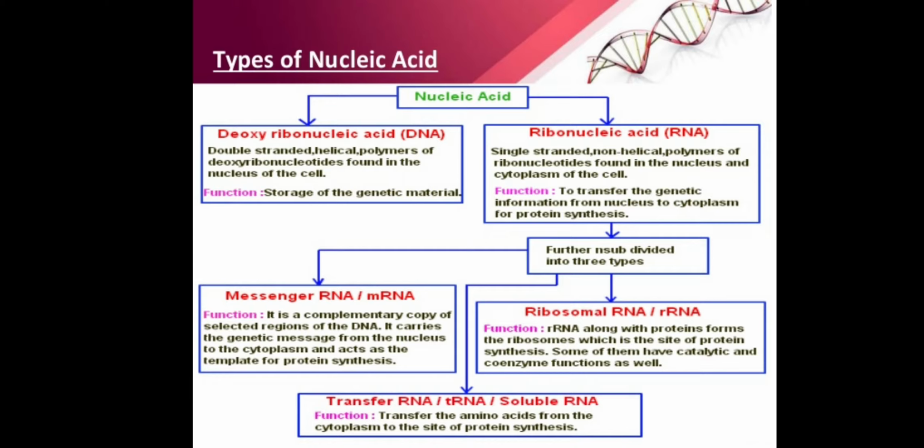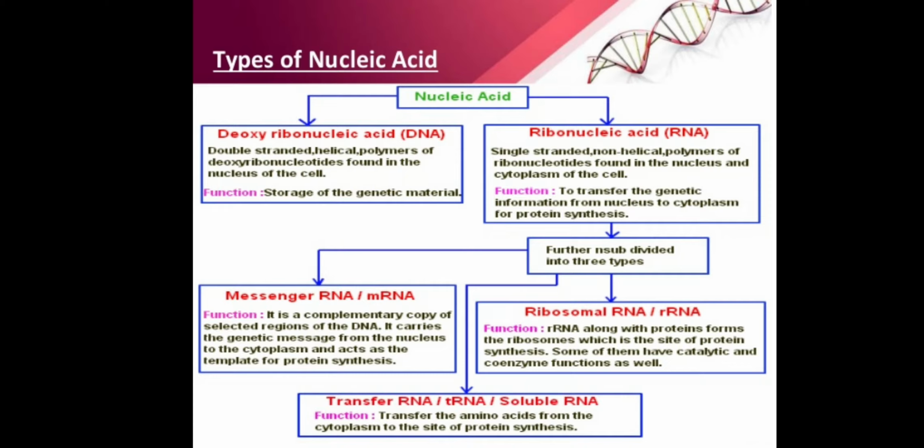In contrast, we have ribonucleic acid. It is single-stranded. That is the difference between deoxyribonucleic and ribonucleic acid: RNA has a single strand and DNA has a double strand. Always take note that the sugar of ribonucleic acid is called ribose, and the sugar of DNA is called deoxyribose.